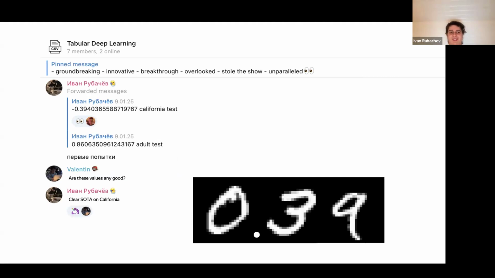It's a joke that we have basically overused the California housing example from sklearn to do some kind of initial experimentation. So if you have questions about the specifics of the California housing dataset, you can ask us. We know everything about it, and it's a really good score on California housing.